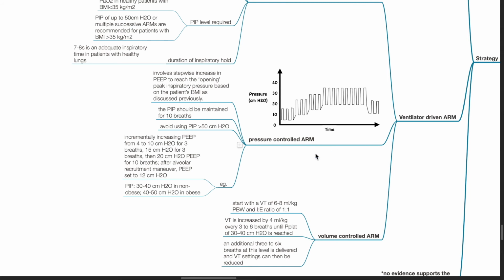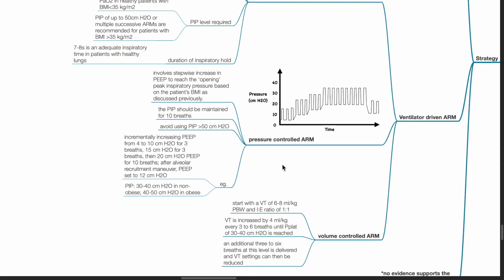Pressure-controlled ARM. This involves stepwise increase in PEEP to reach the opening peak inspiratory pressure based on the patient's BMI, as discussed previously. The PIP should be maintained for 10 breaths. Avoid using peak inspiratory pressure exceeding 50 cmH2O.